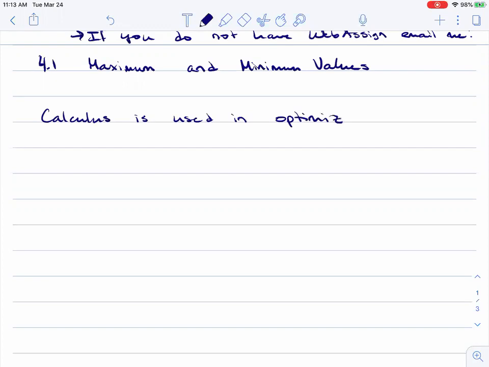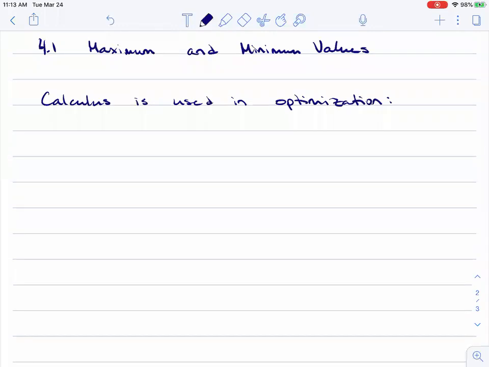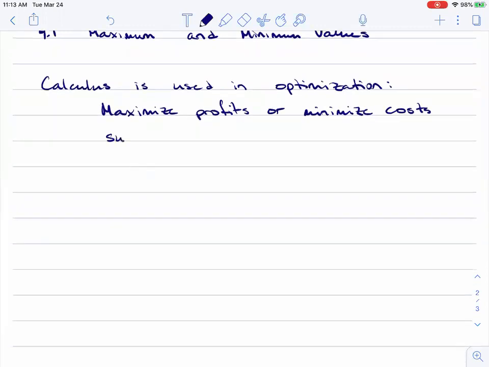And optimization is a huge field of math, and things like, well, if you want to maximize something or minimize something, usually these have economic flares. If you want to maximize profits or minimize costs or both, subject to constraints, right?